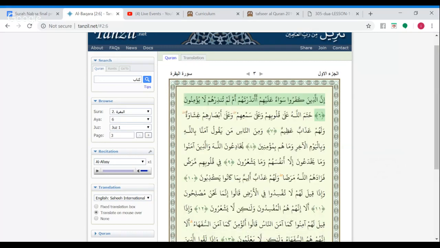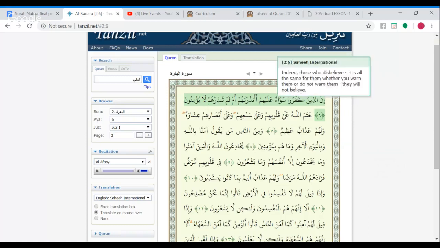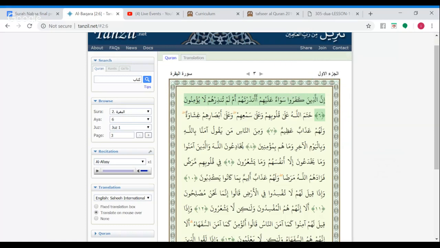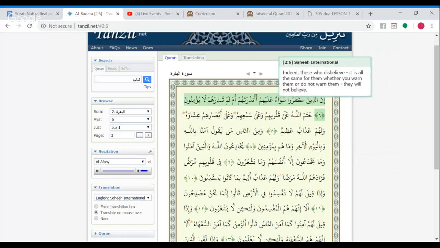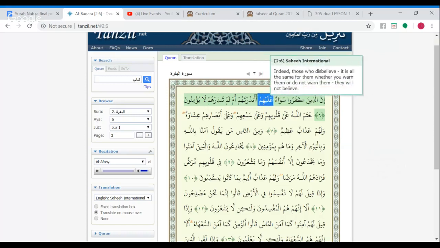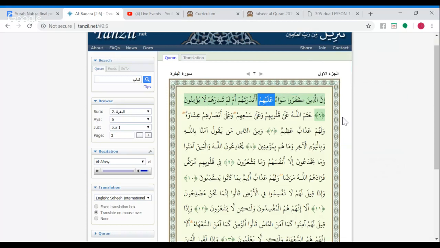Inna alladhina kafaru sawa'un alayhim. Inna, indeed, alladhina, those who kafaru, disbelieve, sawa'un, equal, alayhim, upon them. What does that mean? On them. Remember, ala plus hum. If ala or ila comes with a pronoun, how will it be attached? By showing its ya.